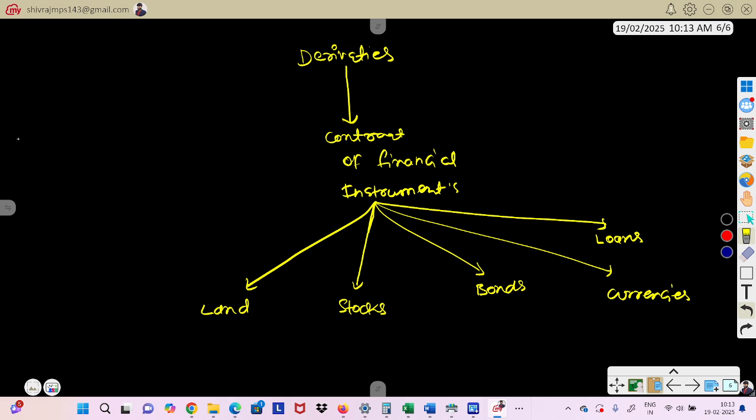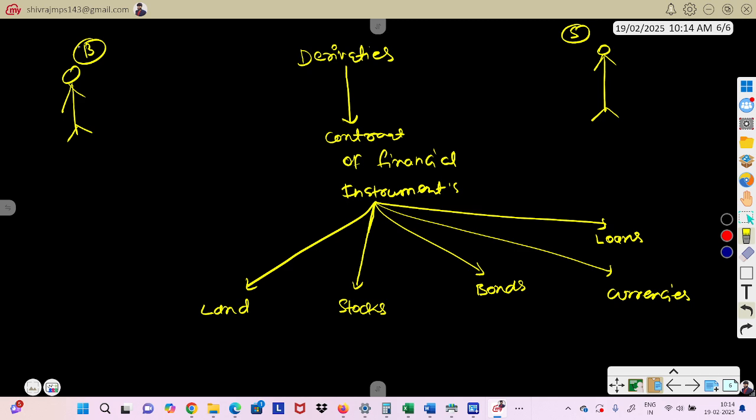So basically, buyer and seller use the derivatives contract to increase their gains as well as to reduce or minimize the risk.